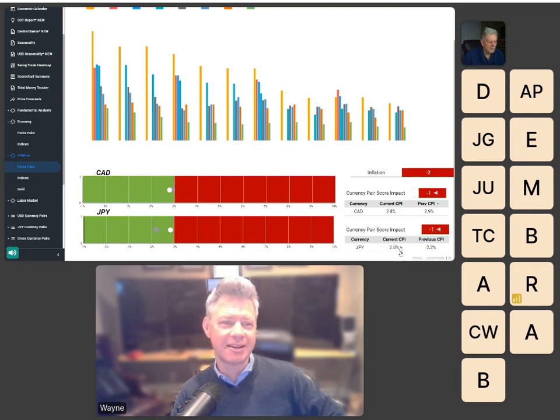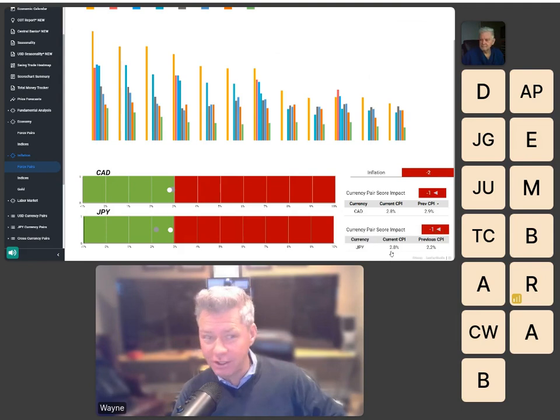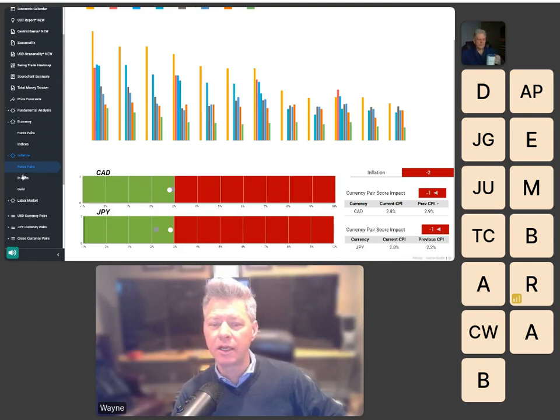Yeah, isn't that interesting? Canada and Japan have the same inflation level. It's staggering. I mean, look, we haven't seen that for, I'm going to guess, the better part of 50 years, right? Kind of interesting, huh?